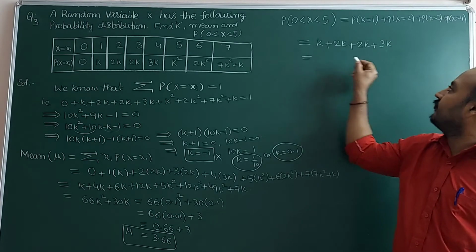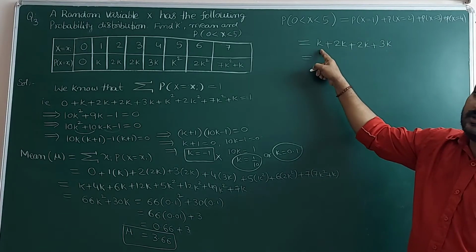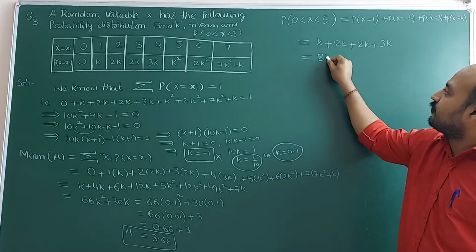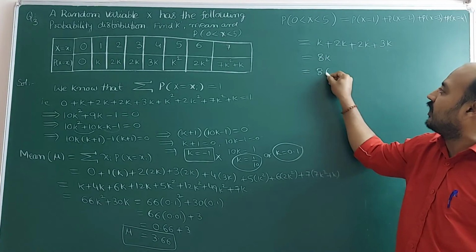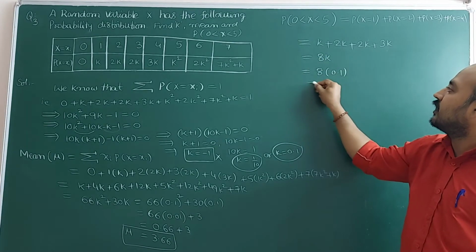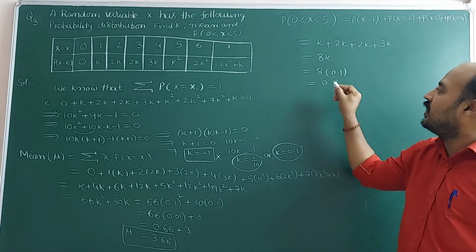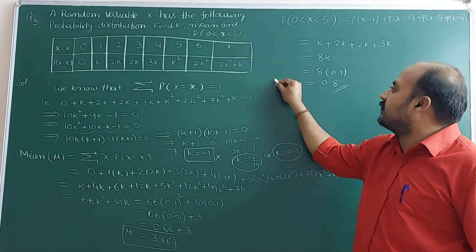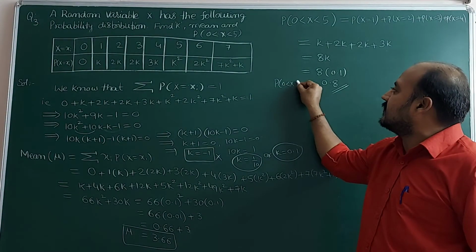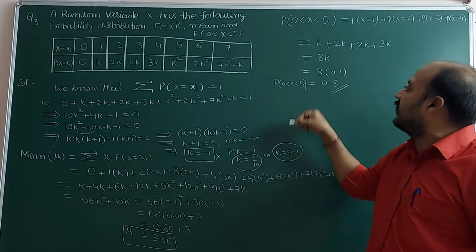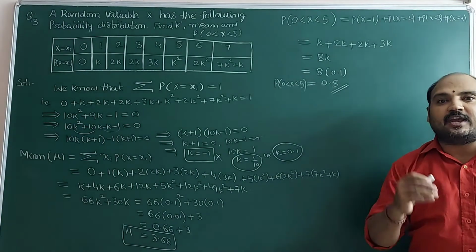So the total is 5k plus 3k, 8k. That is 8 into the k value 0.1, which is 0.8. Therefore P of 0 less than x less than 5 is equal to 0.8.